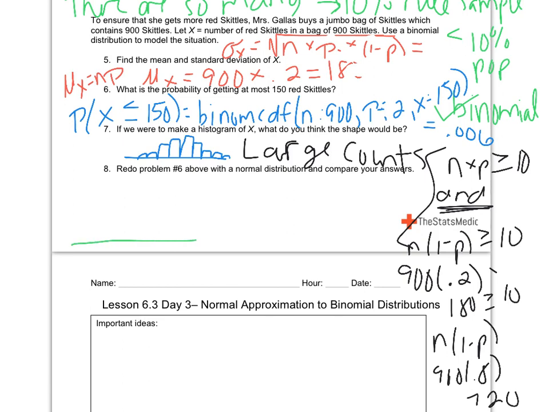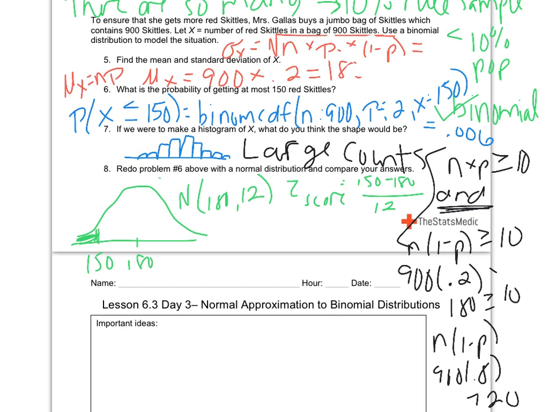So redoing number 6 using a normal distribution here. I've got my approximately normal curve here, right? I label my curve. I have a mean of 180, a standard deviation of 12. So there's 180. I'm looking for less than or equal to 150, so I'm looking for that portion on my curve there. I'm calculating my z-score, which is 150 minus 180 over 12, which is negative 2.5.